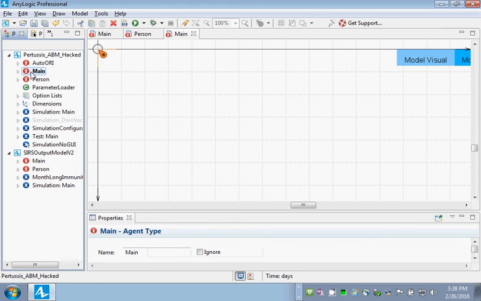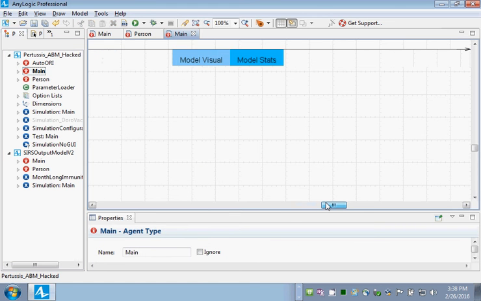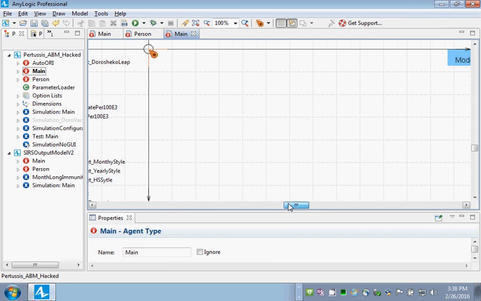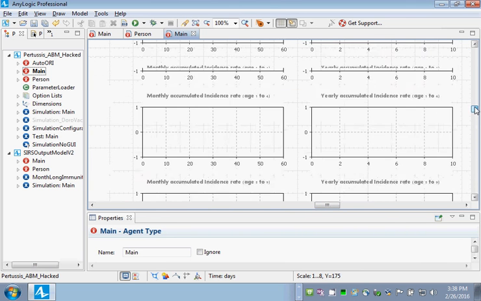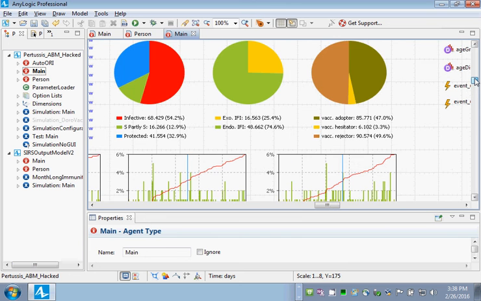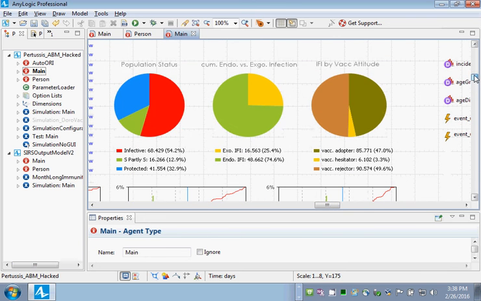And we have a way of configuring the model to set off interventions at certain times. Monthly accumulated incidence rate, yearly accumulated, summarized, in other words, incident cases in different ways.